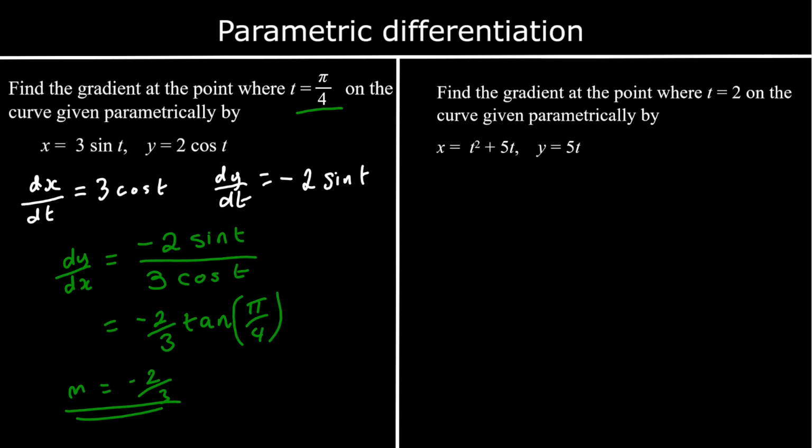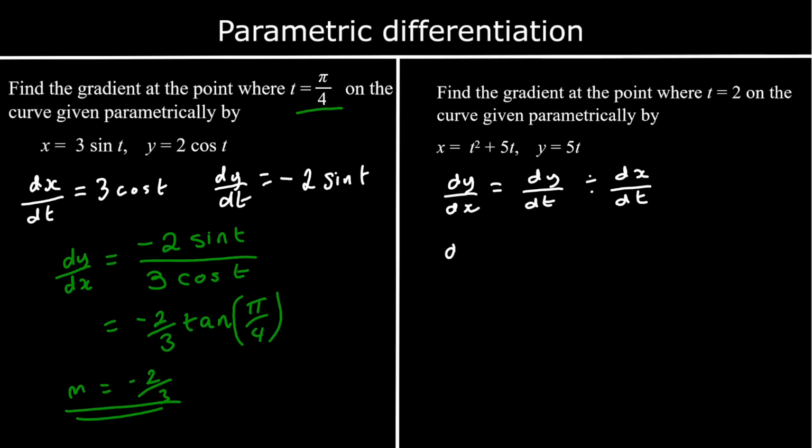One for you to try. See if you can give it a go. So again, find the gradient, this time at the point when t equals 2 on the curve given parametrically. So we're going to say that dy/dx is dy/dt divided by dx/dt.